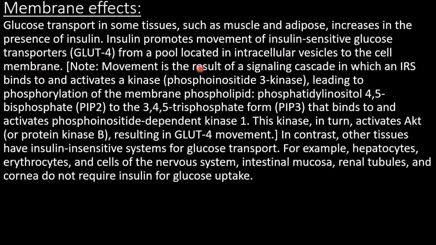Note this movement is a result of the signaling cascade in which the insulin receptor substrates, after they are activated, bind and activate a kinase, the phosphoinositide 3 kinase. Now, the phosphoinositide 3 kinase will phosphorylate a membrane phospholipid known as phosphatidylinositol 4,5 bisphosphate to form phosphatidylinositol 3,4,5 triphosphate, abbreviated as PIP3, which will in turn bind to and activate the phosphoinositide dependent kinase 1.